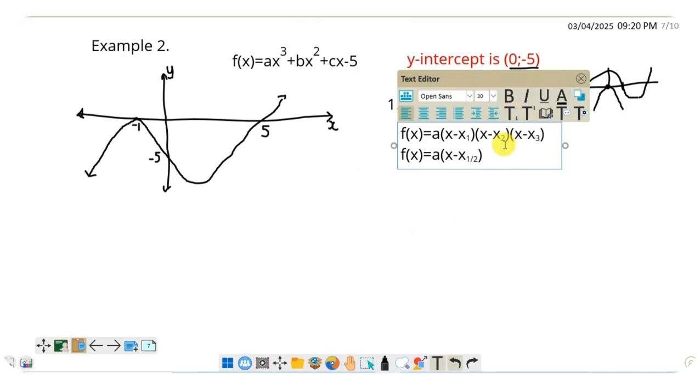So I'll just say squared, because it's the same. It's like you're taking this, but x1 is also x1 here, so it's just the same thing. Then the last one is x minus x3.